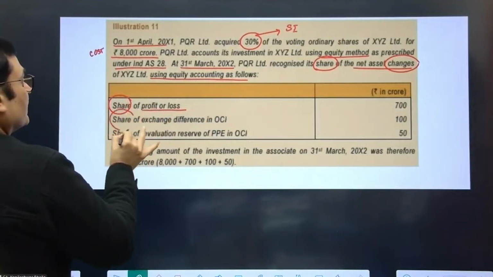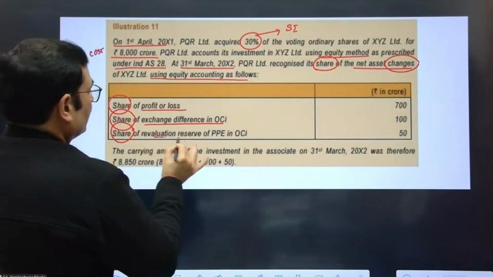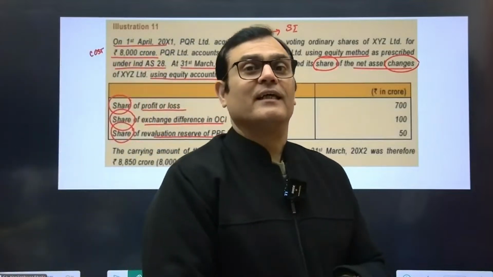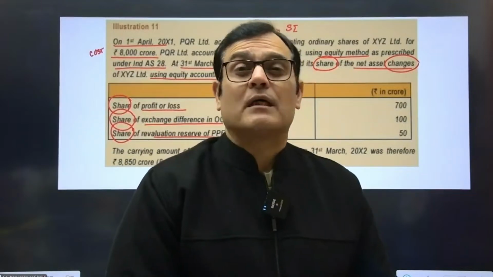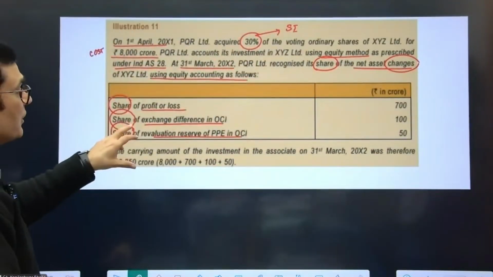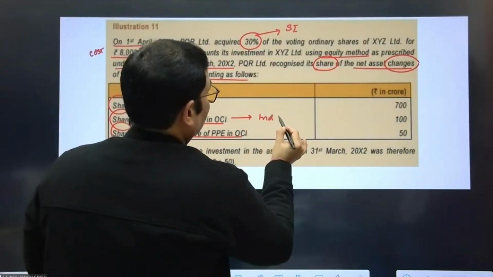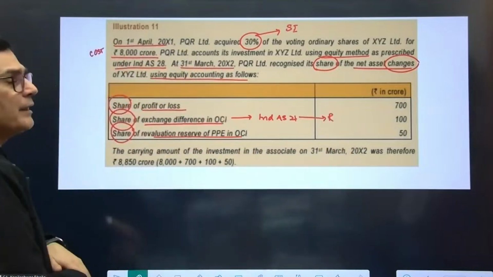It took the share of the exchange difference in OCI. It took the share of the revaluation surplus. Now your mind needs to be very clear whether what is taken in OCI was R or NR. The share of exchange difference in OCI arises on account of Ind AS 21, and that is recycling in nature.